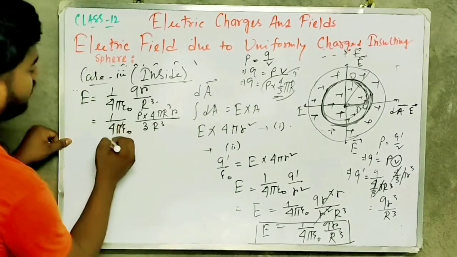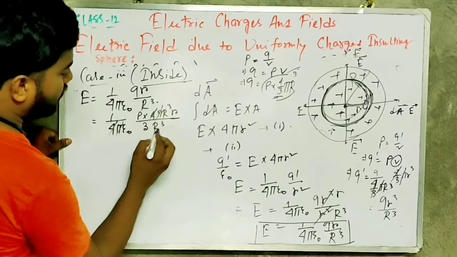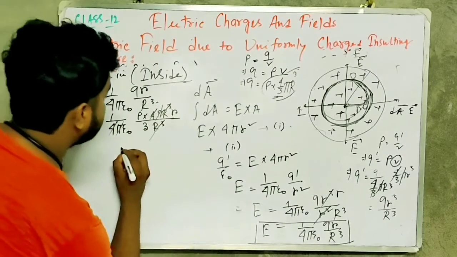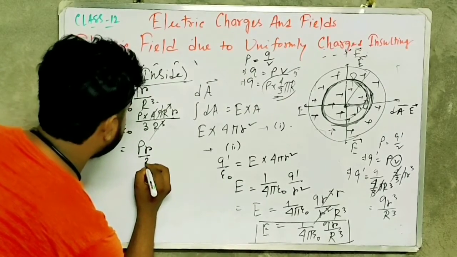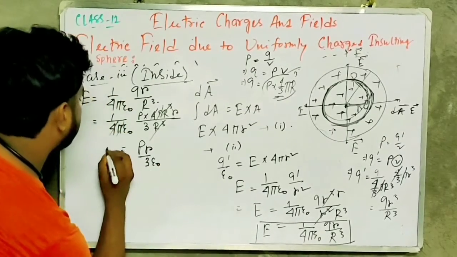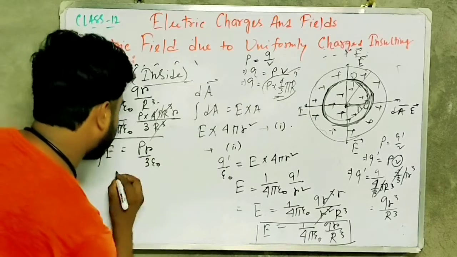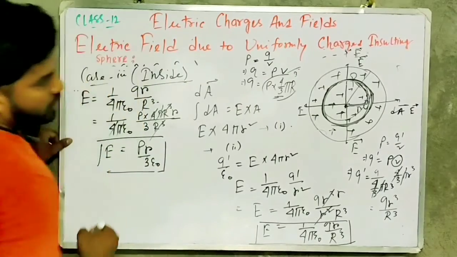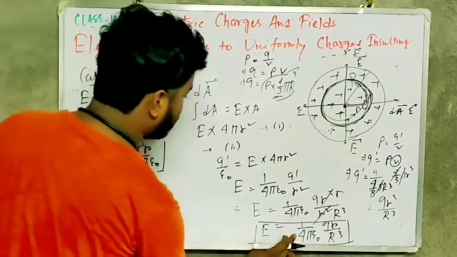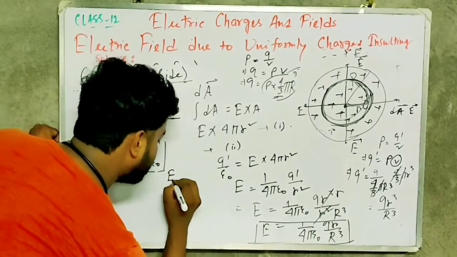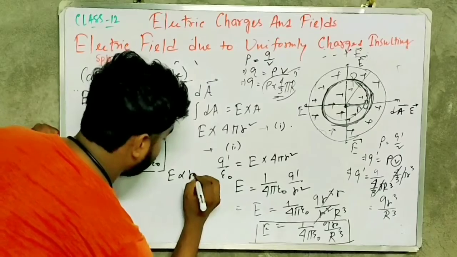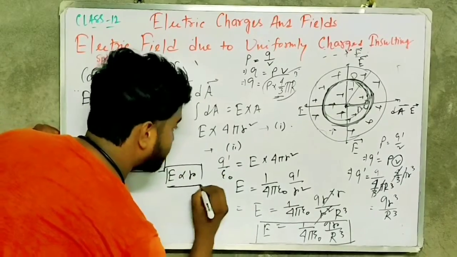Just simplify it. 4 pi cancels out, R cube cancels out. Then the expression is rho r by 3 epsilon naught. This is another expression of the electric field inside the sphere. So this is the first expression and this is the second expression. Just check it here: electric field E is directly proportional to r.